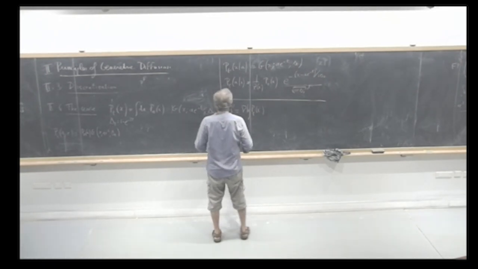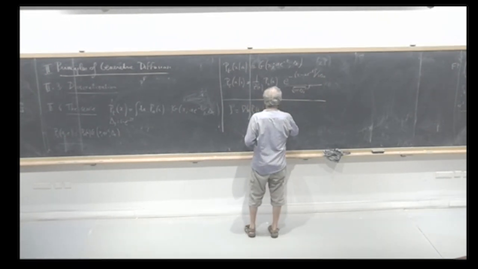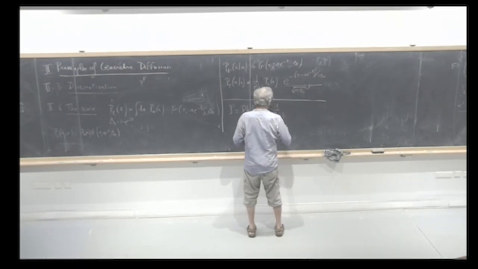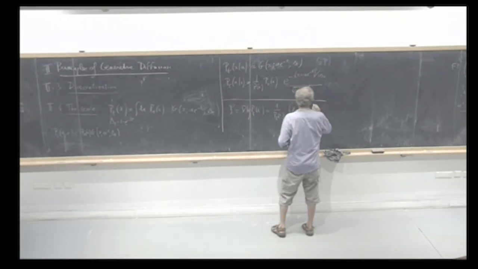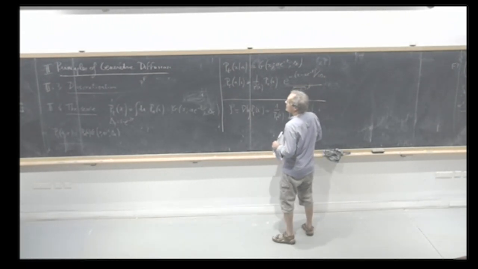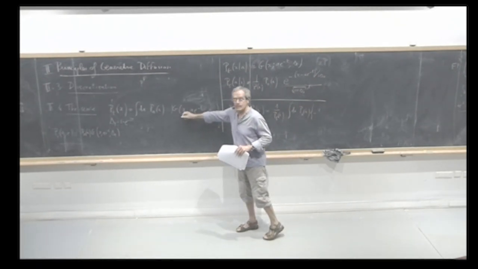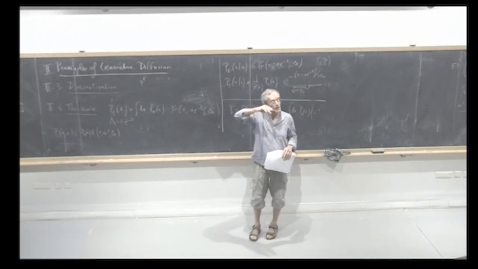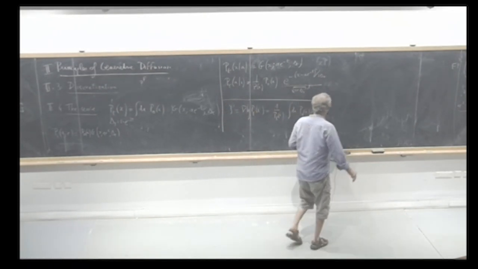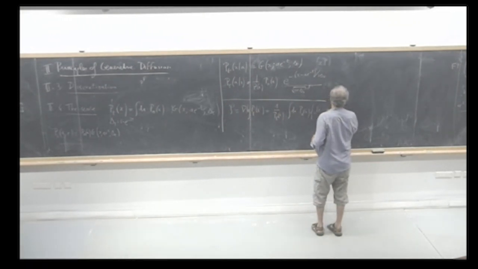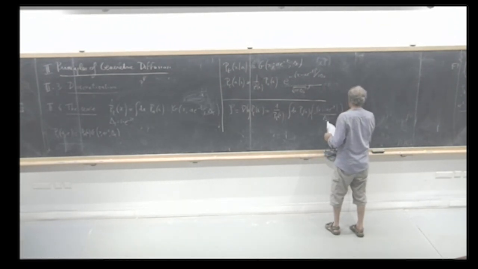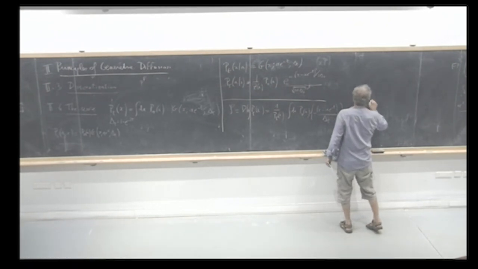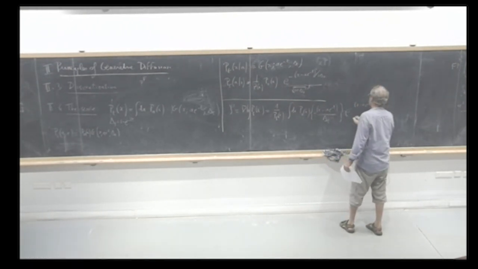And if I look at this expression here, I can write it as 1 over p times the gradient of p, and the gradient of p is the integral over a, p0 of a times, well, when I take the derivative with respect to x, that's a Gaussian measure, e to the minus x minus a squared, etc. So I get a minus x minus a e to the minus t over delta t times e to the minus x minus a e to the minus t squared over 2 delta t, normalized.